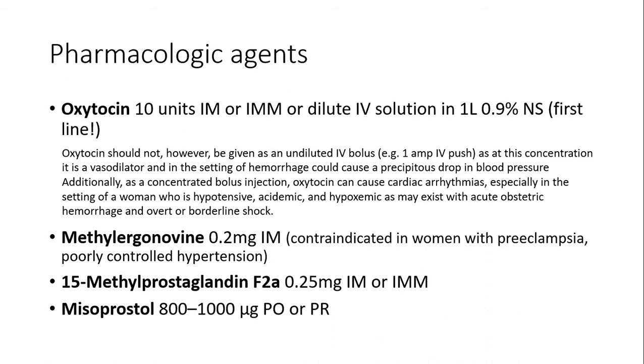So please use 10 international units of oxytocin intramuscularly, or even intramyometrially. Also, you can dilute those 10 units of oxytocin intravenously in 1 liter of normal saline. This is usually the first line of treatment.